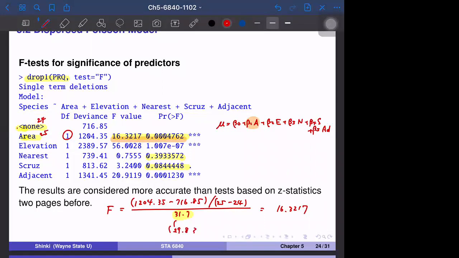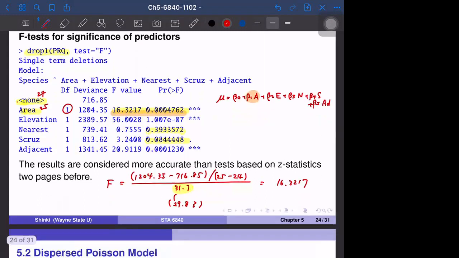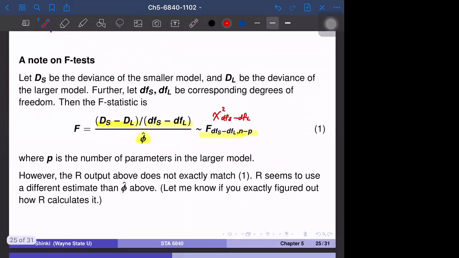I don't know why this discrepancy appears, but probably the estimate for phi is different, because this is not just a linear model, but we have the link function and so on. So we did some adjustment to calculate the optimal phi hat. So it doesn't exactly coincide with our output on the previous page, but basically the F is calculated in this way. Let me know if you figure out exactly how the F statistic is calculated.